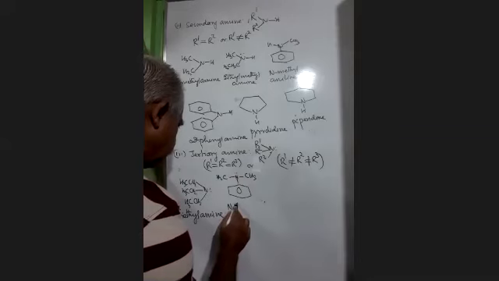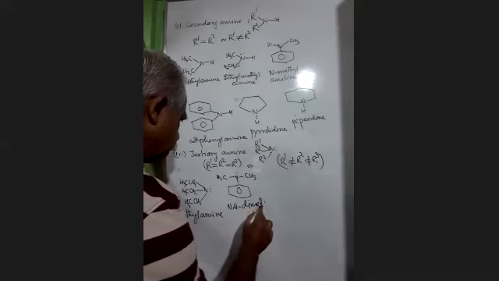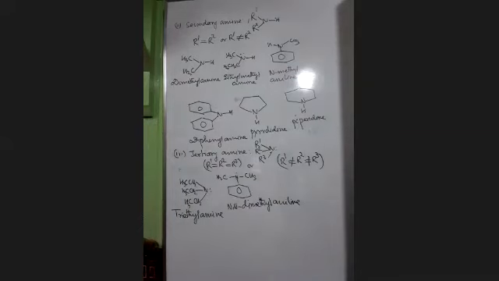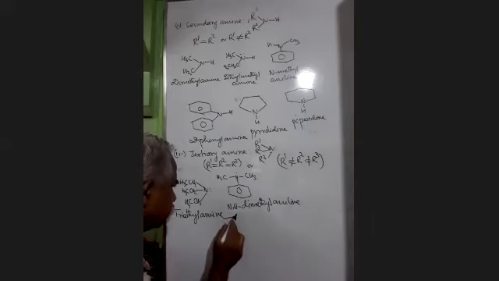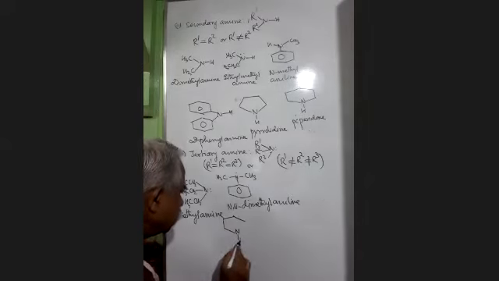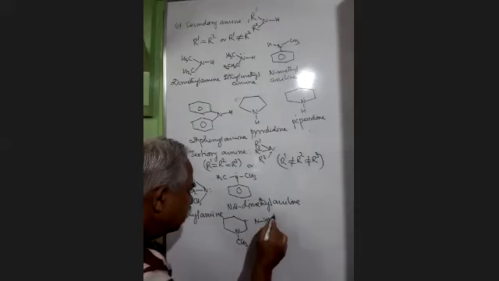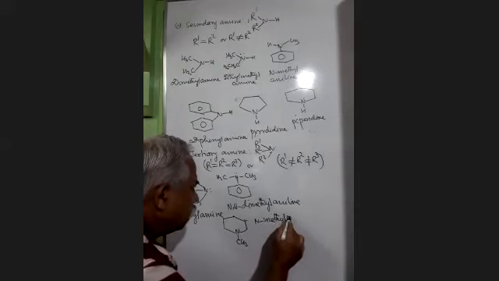This is called N,N-dimethylaniline. Okay, enough examples. This is called N-methylpiperidine.